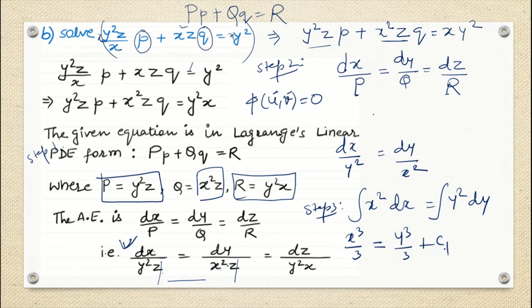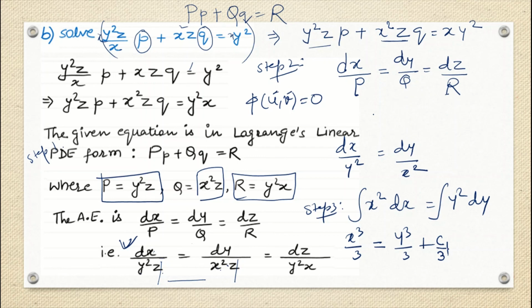Again, the same concept I am going to apply: instead of C1, I can write C1 by 3 here, or you can write C1 dash by 3, anything. Here I am writing C1 by 3 because C1 is any arbitrary constant, so C1 by 3 is also an arbitrary constant.